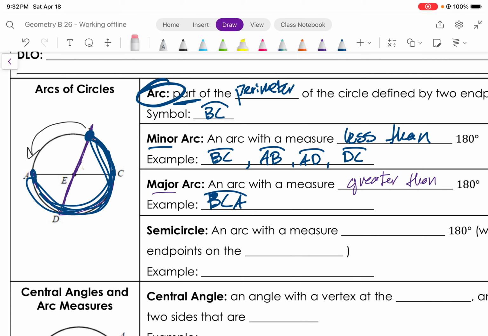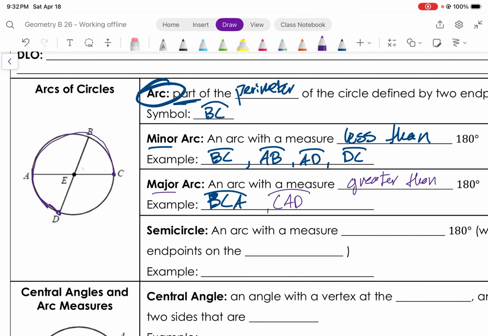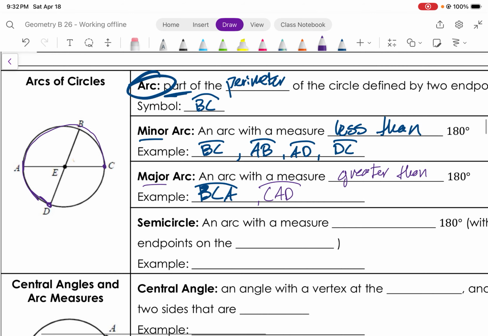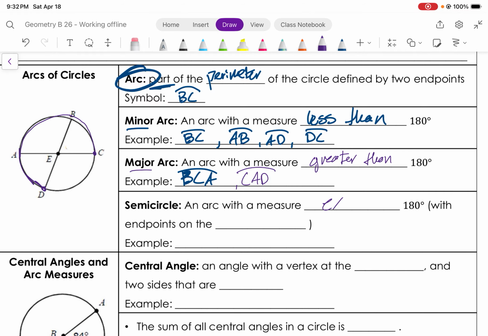Another example of a major arc would be if I started at C and I went past B, past A to D. So I could say that it's C-A-D with an arc. Okay, so 3 letters. A semicircle is exactly half, so that's exactly 180 degrees with endpoints on the diameter.